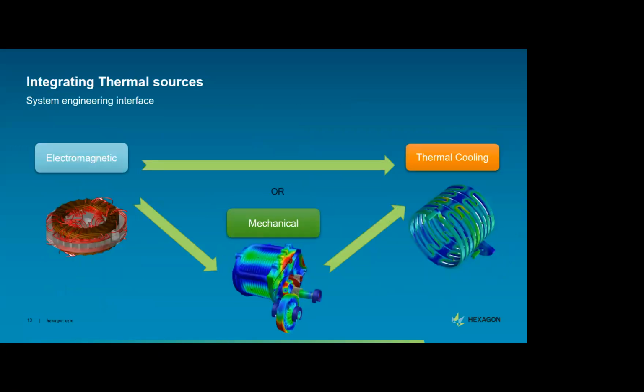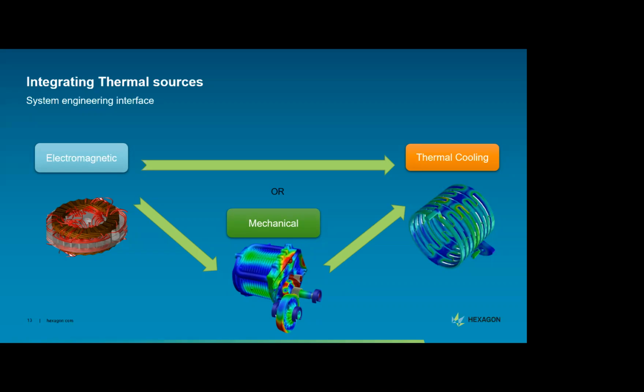So, as we saw, we can consider these losses as thermal sources in the system. And how do we integrate these thermal sources into the system thermal calculation process? Here we have different choices, depending also on the level of accuracy we want our final model to have. As a first simple choice, we read the joule losses directly in SC-Flow from a CSV file generated by an electromagnetic calculation, for example performed in JMAG.